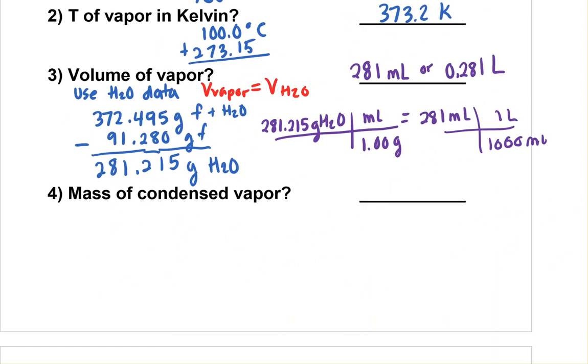Okay, mass of condensed vapor. Well, this one's pretty straightforward. We have the mass of it with the vapor or the liquid condensate. So this is the grams of the liquid, the unknown liquid, plus the flask. And again, subtract out the flask.